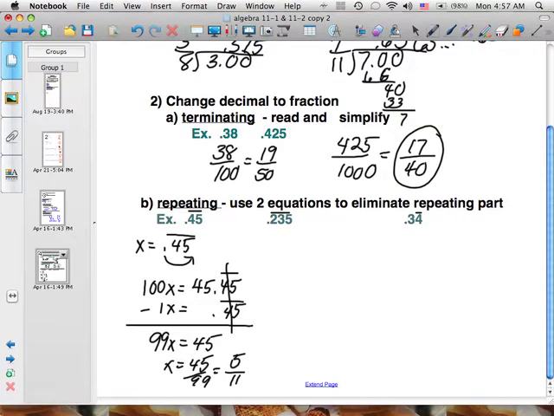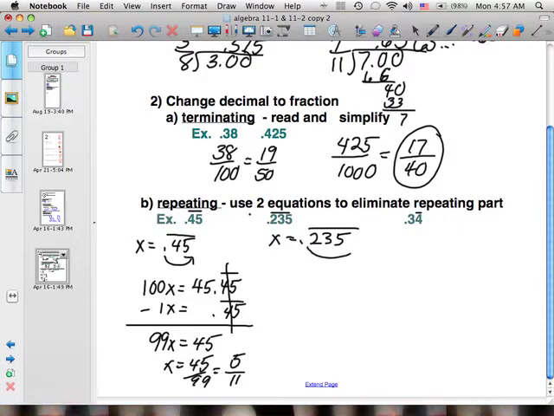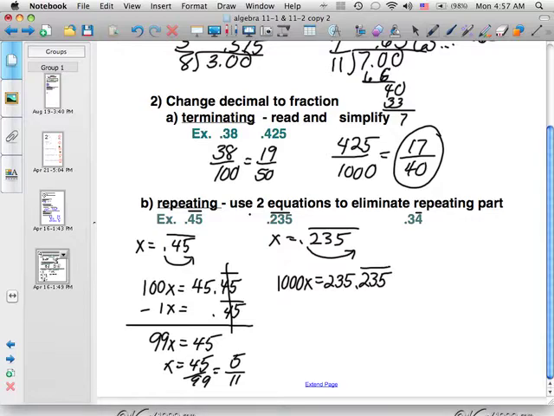This second example, the bar is over all 3 of them, so x will equal 0.235 repeating. And to get it behind everything that repeats, we'd have to move it 3 places, so that's 1000x equals 235.235 repeating, still the repeating part.